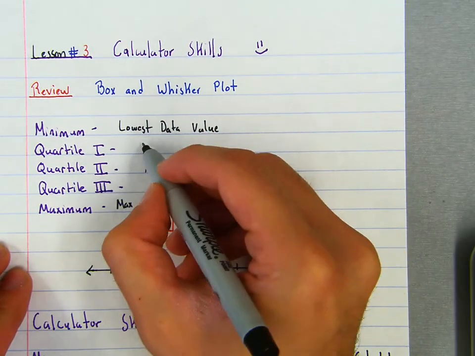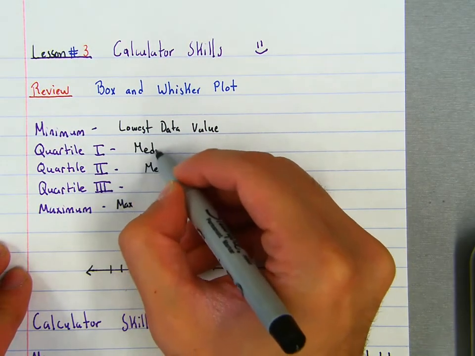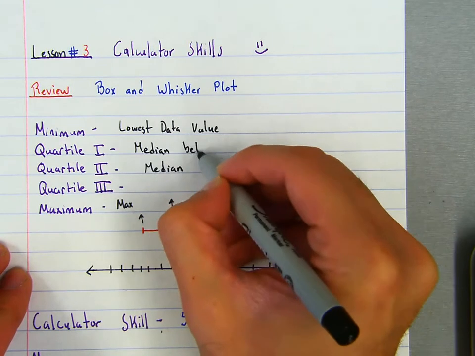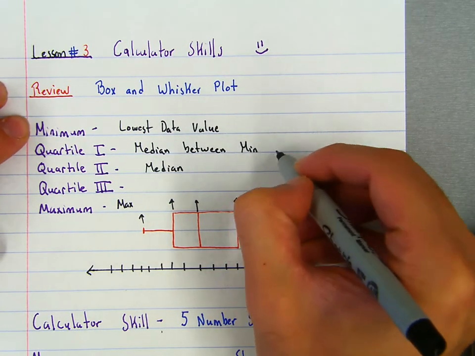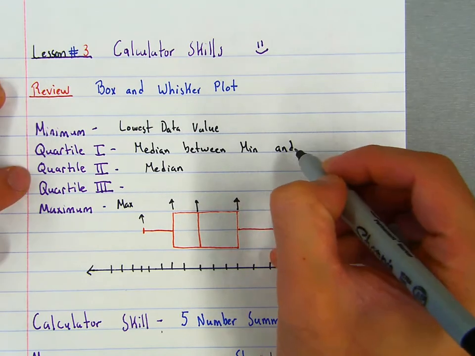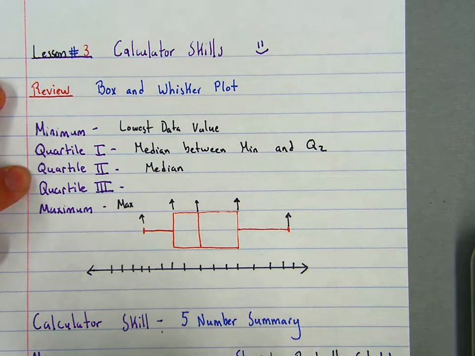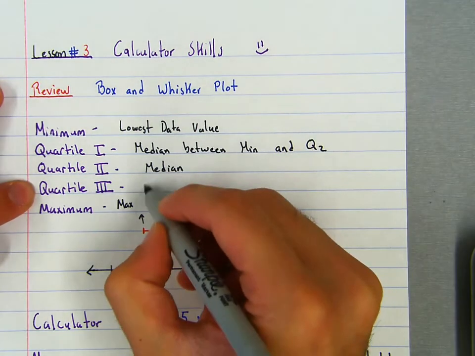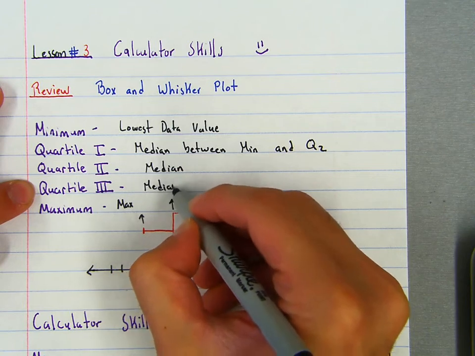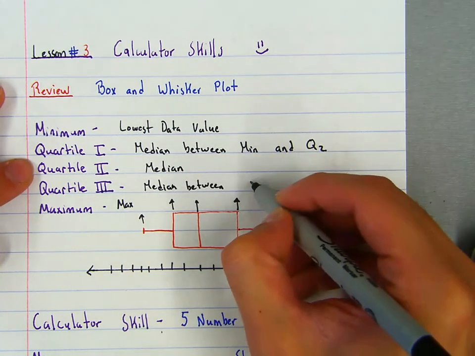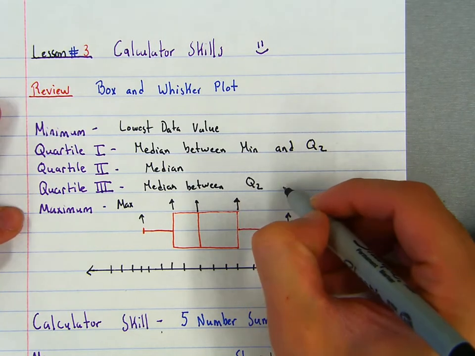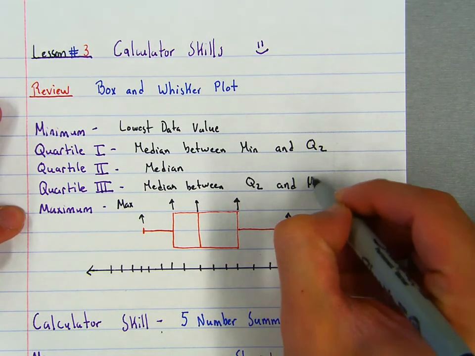Q1 would be the median between the min and Q2. Quartile 3 would be the median between Q2 and the max. Okay?